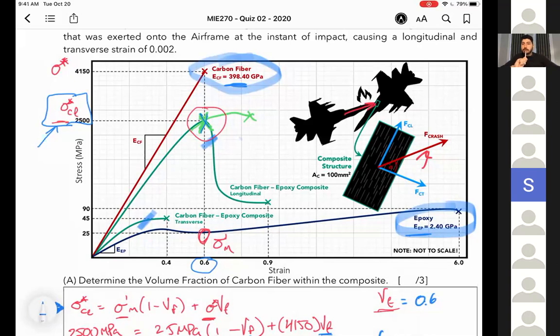So stress is equal to force over area, you can use regardless of if you're in the elastic or plastic region. But in this case, if you were to use force over area, you would get the force at the onset of failure, not the force governed by the initial impact. Oh, okay. We should just be careful then. Yes, you should be very careful. Okay. Thank you. No problem.